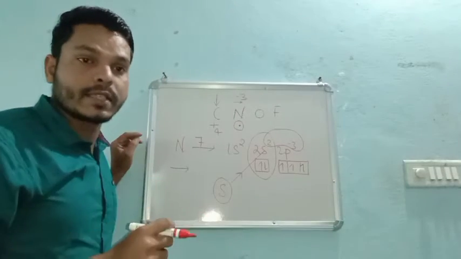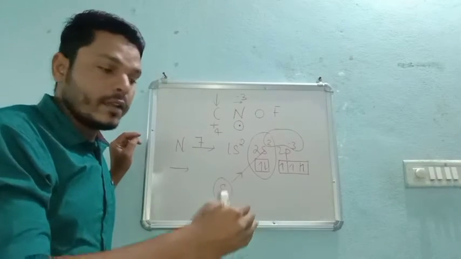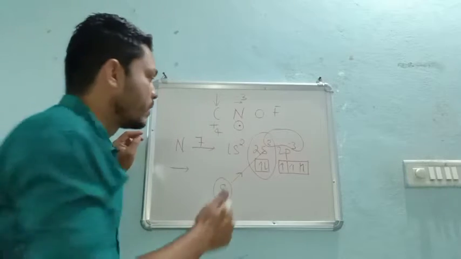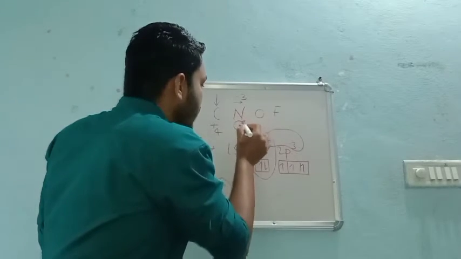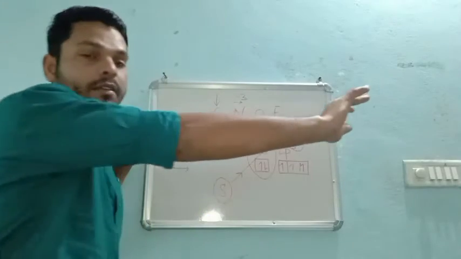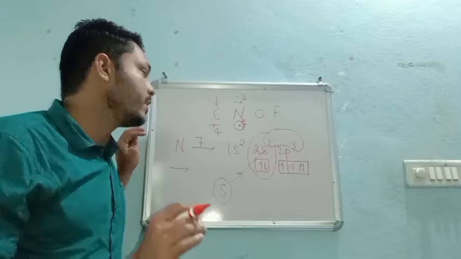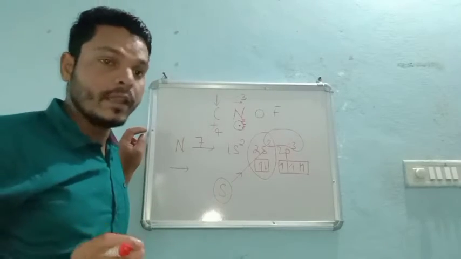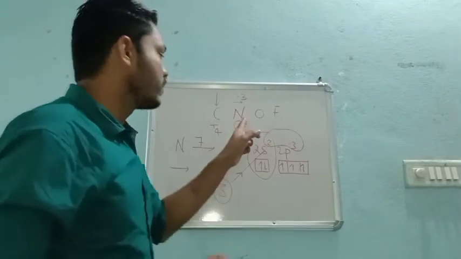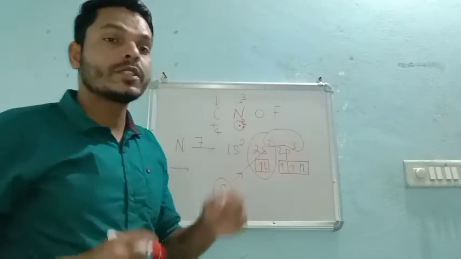Due to the small size, the nucleus is very near. Because the nucleus is very near, these electrons are not easily removed. I mean, ionization is not taking place very easily in case of nitrogen. So that's why from carbon to just the next element, the negative charge comes.